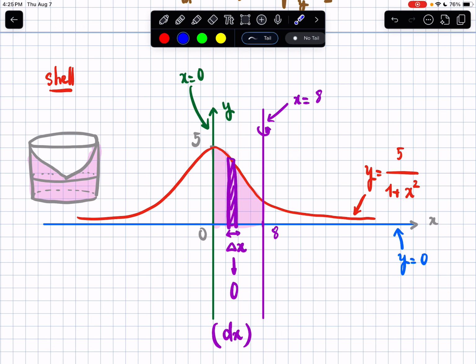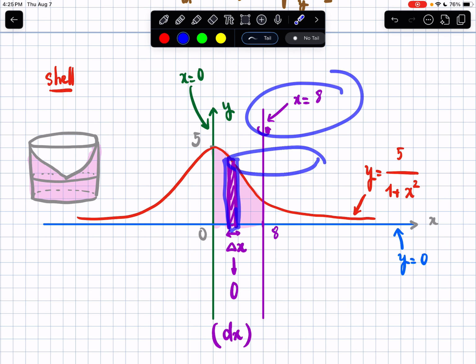By revolving this strip about x equal to 8, we obtain a cylindrical shell. It looks like this.